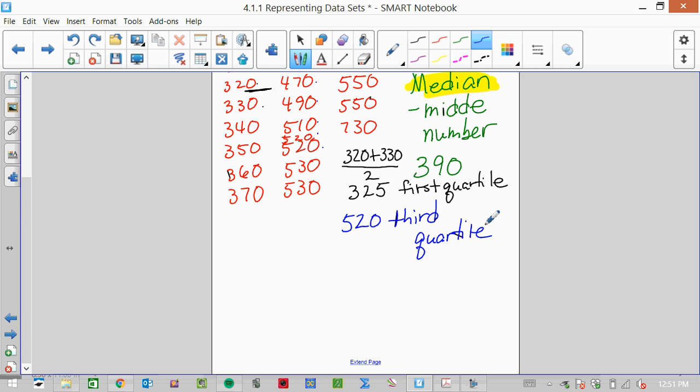So now I have 3 very important numbers to help us with our box plot.